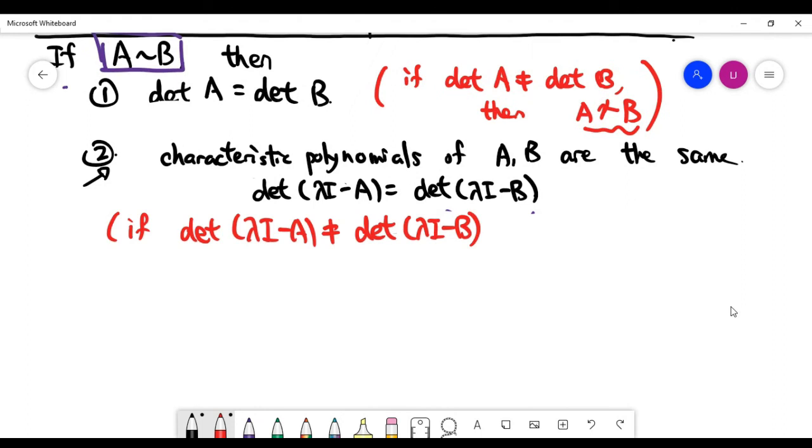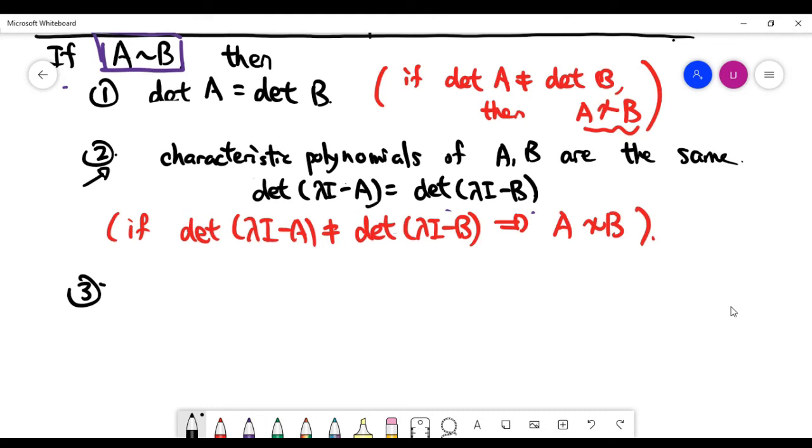Because basically, it means that whenever you're given two matrices, when they don't have the same characteristic polynomial, we directly know that they cannot be similar to each other, right? And let's look at the last property here, but I think the last property is obvious if you understand the characteristic polynomial, because you see, the characteristic polynomial can help us find the eigenvalues, right?